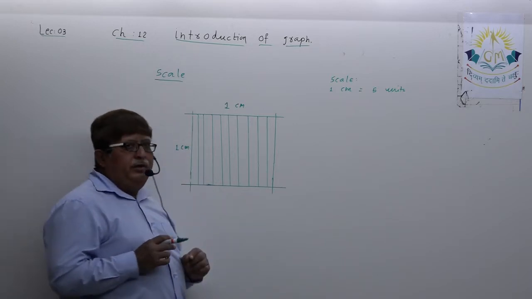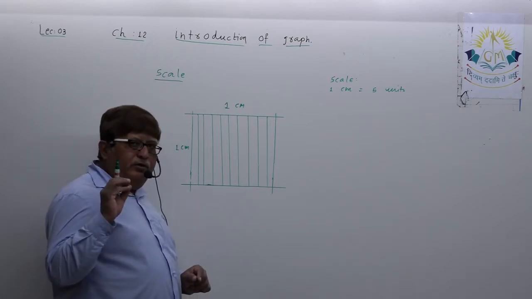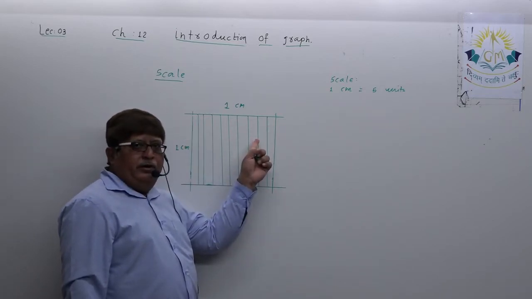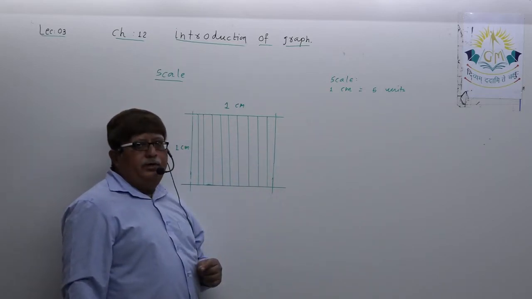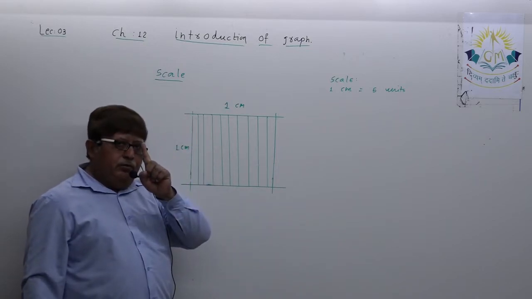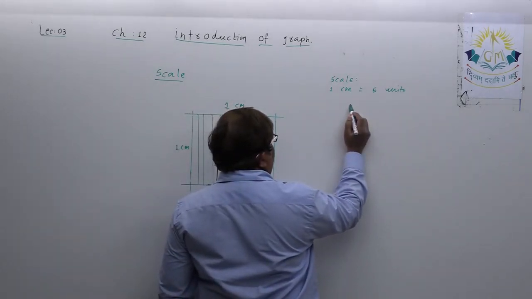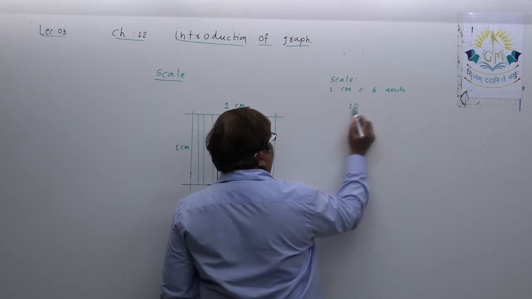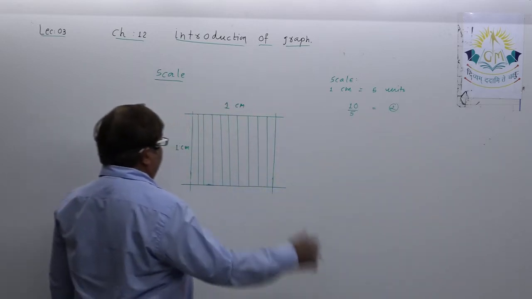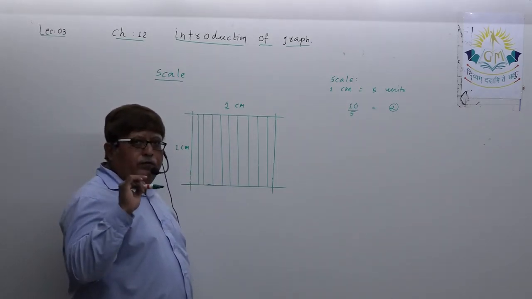So how many lines will constitute 1? I am just teaching you the simple basics. How many lines are these? 10 lines. What scale have we taken? 5. So how many lines equal 1? There are 10 lines divided by this, equal to what did you get? 2.